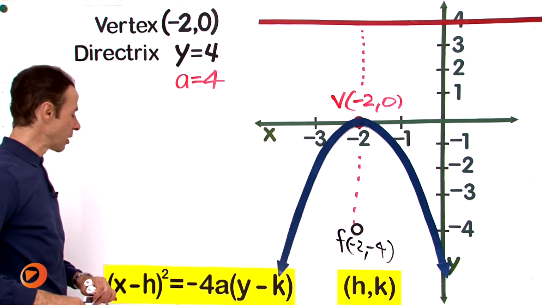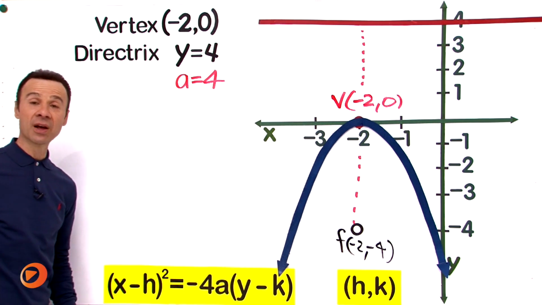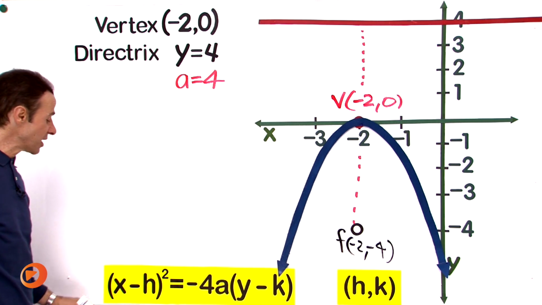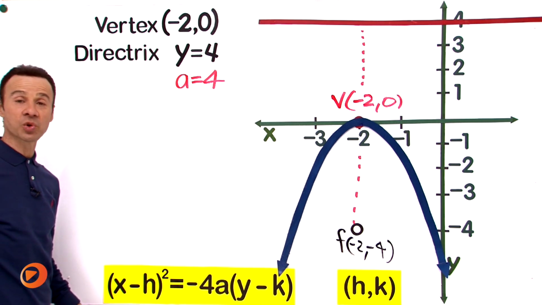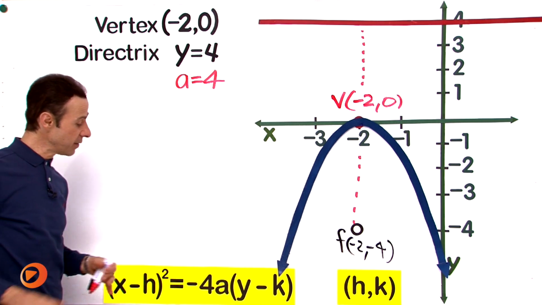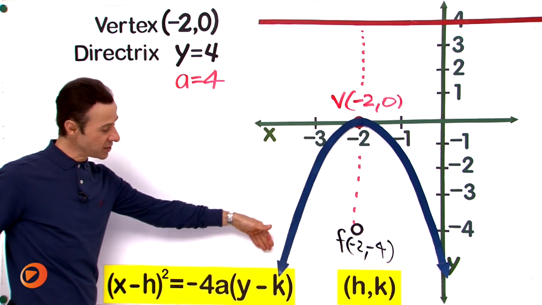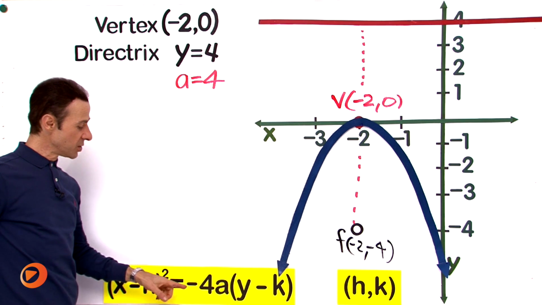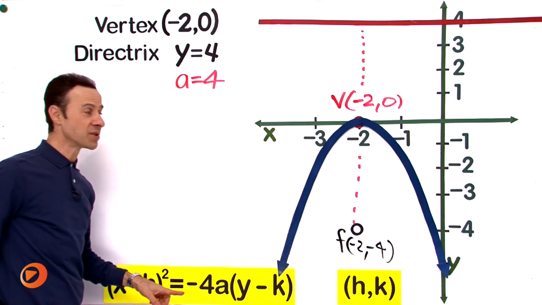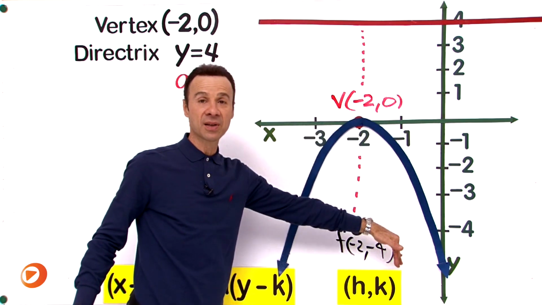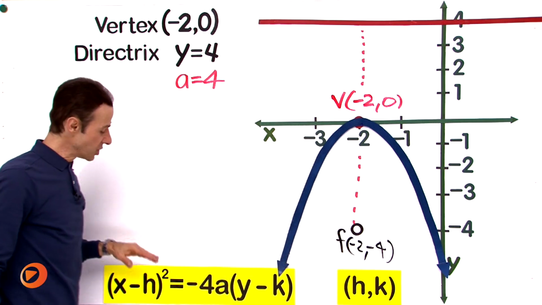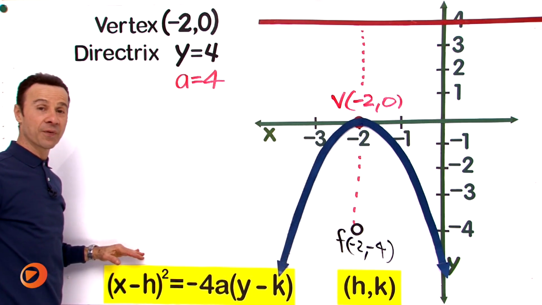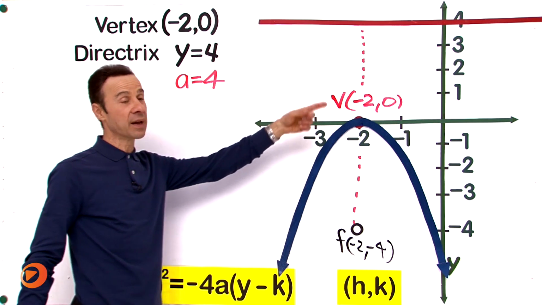So that's the formula we'll be using. Notice the x squared is on the left-hand side. So we've got x minus h, all squared, equals -4a times y minus k. You can see the k there because the parabola is just over there. So we've got that negative thing happening. Why is it negative? Because it's concave down. All right, x squared on the left-hand side. If it was positive there, this would be concave up.